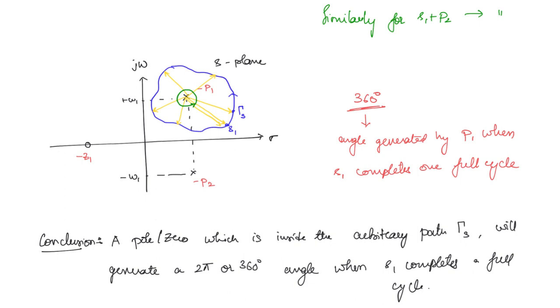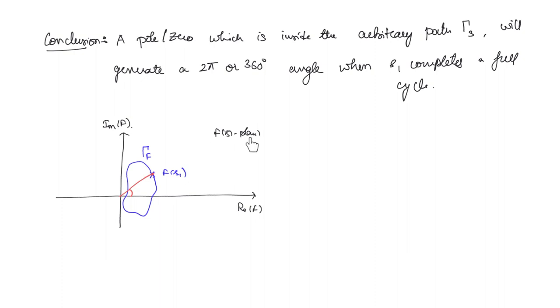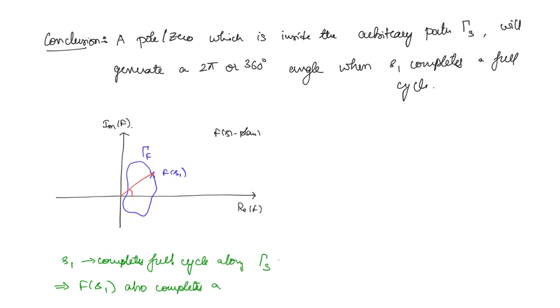Now what is the significance of this? The significance lies in the loop that we have mapped on the f of s plane. As s1 completes a full cycle, f of s1, the corresponding point, will also complete a full cycle. Then what will happen to the phase of f of s1? So s1 completing a full cycle implies that f of s1 also completes a full cycle along gamma s in the s plane.